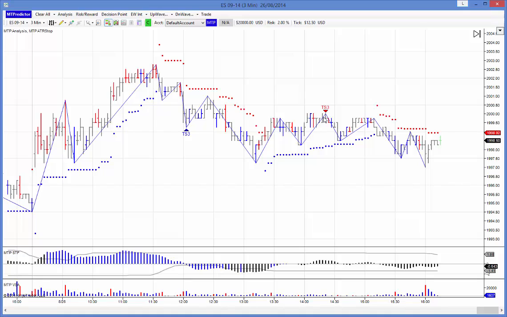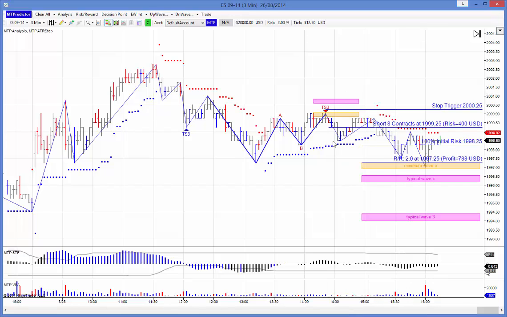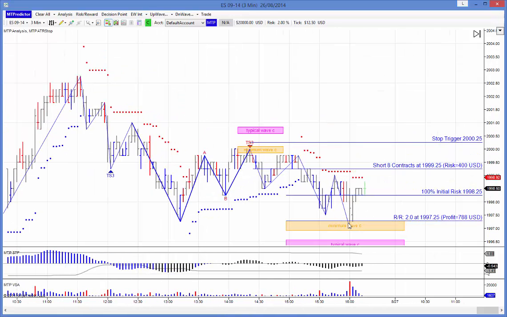Then later on there was a TS3 sell setup. STF was black, neutral trend, therefore standard traders would be able to take that. In this case the market came down to the first target here and just came out at the first target. STF strength band was weak, so you would have come out at the first target for a +2 R profit. Again, position sizing is taking care of keeping the initial risk small.